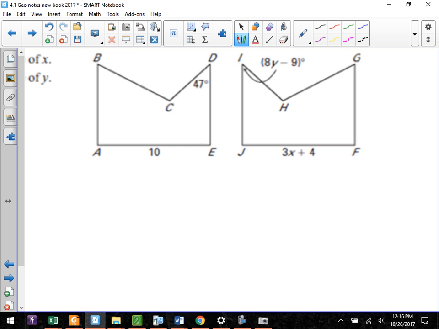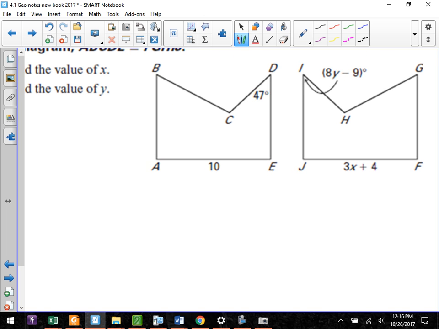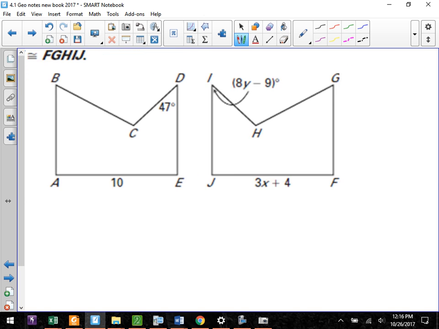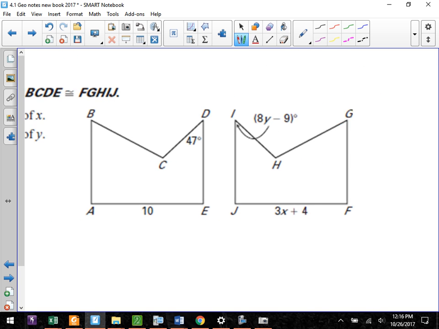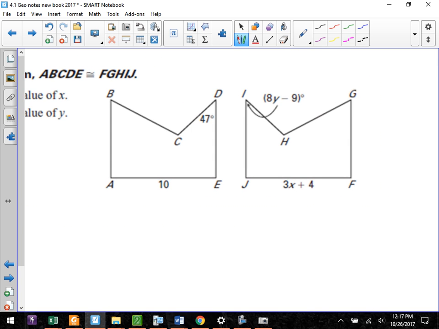Let's do another algebra. All right, let me ask you this. Just real fast, look at the letters. What angle are you given with a degree value? What angle is that? Can I just say it's D?